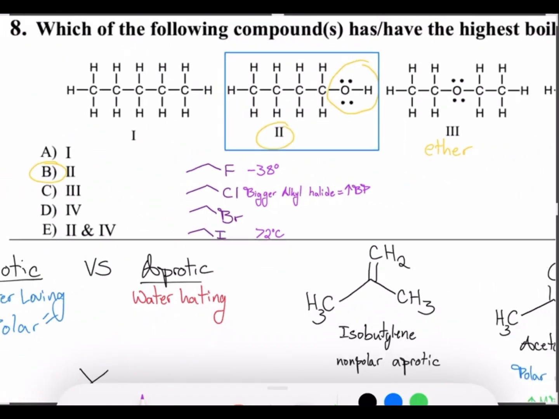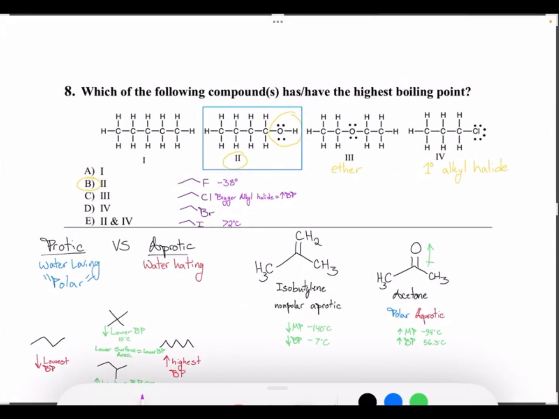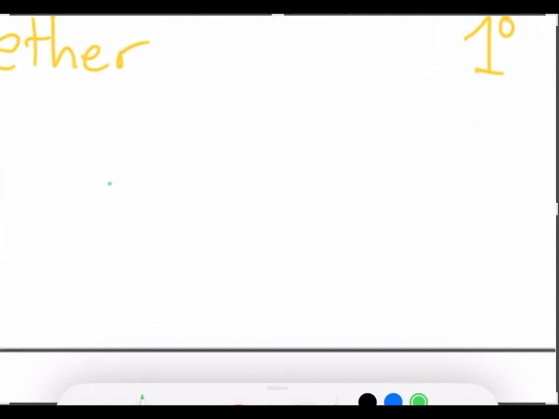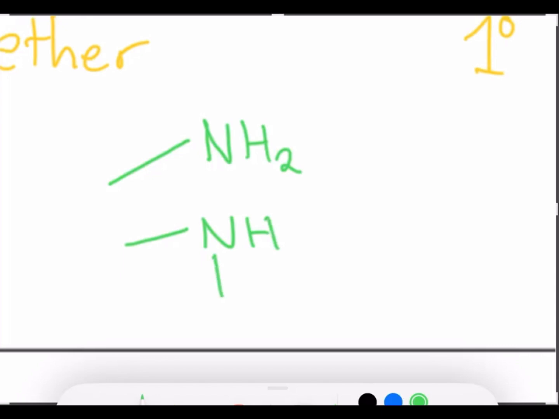And the last thing I wanted to address was our primary, second degree, and tertiary. So let's say you're dealing with an amide or an amine, for example. So here's our primary. Well, I guess I could just do NH2. Let's save some space. And then we have our N over here.